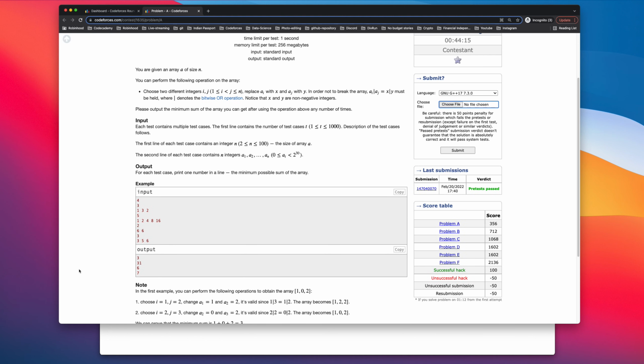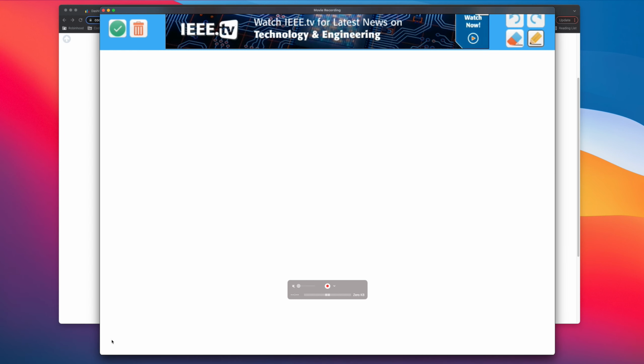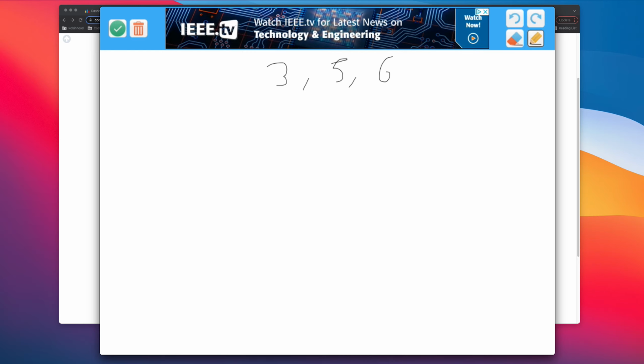For example, let's take 3 5 6. What would be the OR of this whole array? 3 is 1 1, 5 is 1 0 1, and 6 is 1 1 0. If I take OR, it will be equal to 7.